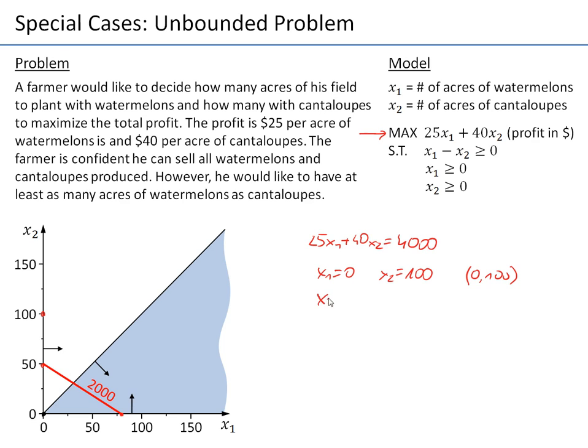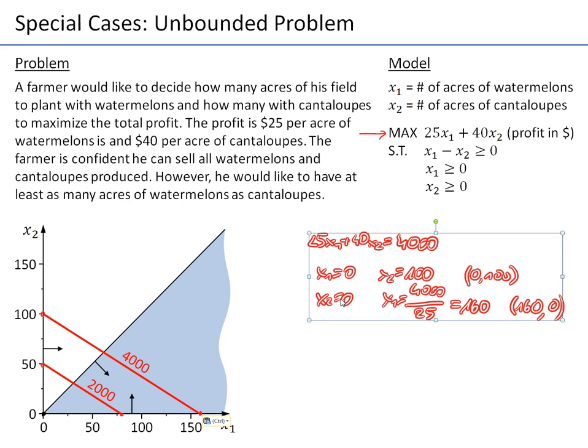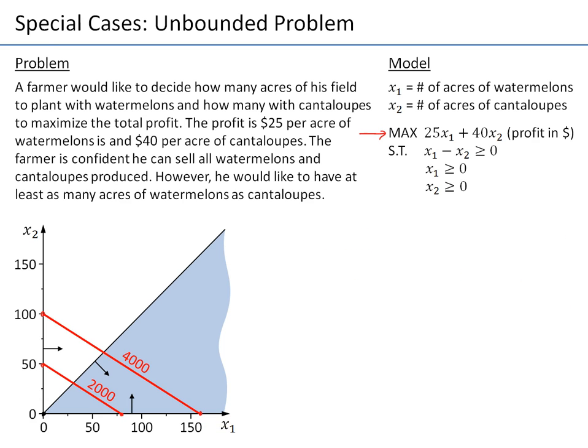And if I try x2 equals 0, then x1 will be 4000 over 25, which is going to be 160. So this point is 160, and it is somewhere here. And now I need this line. So I want to do some cleanup. And now we can see that the objective function is improving in this direction.